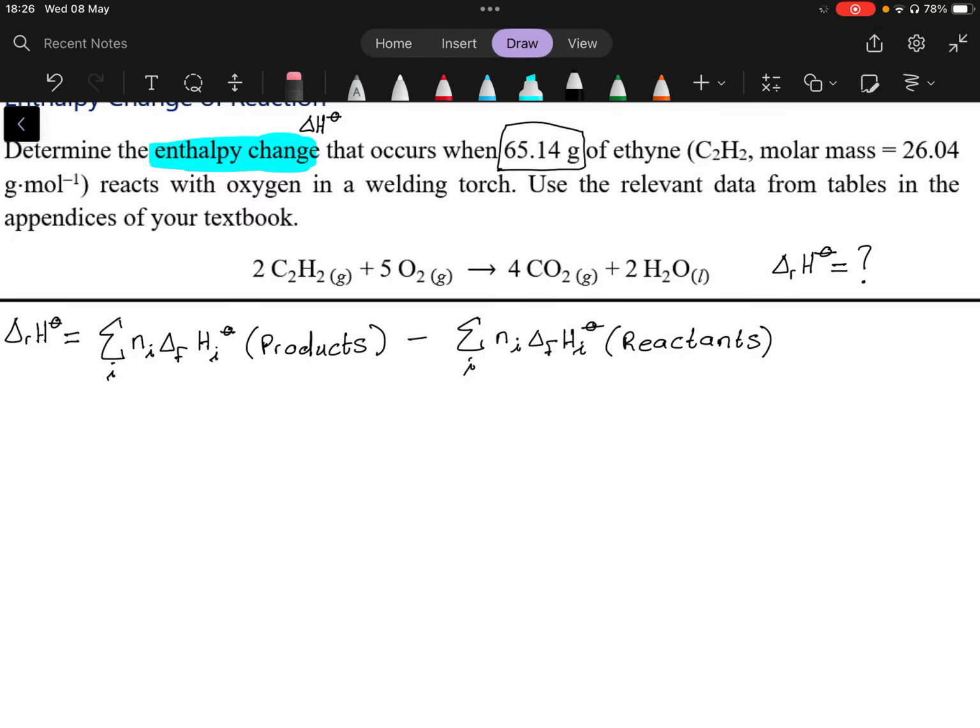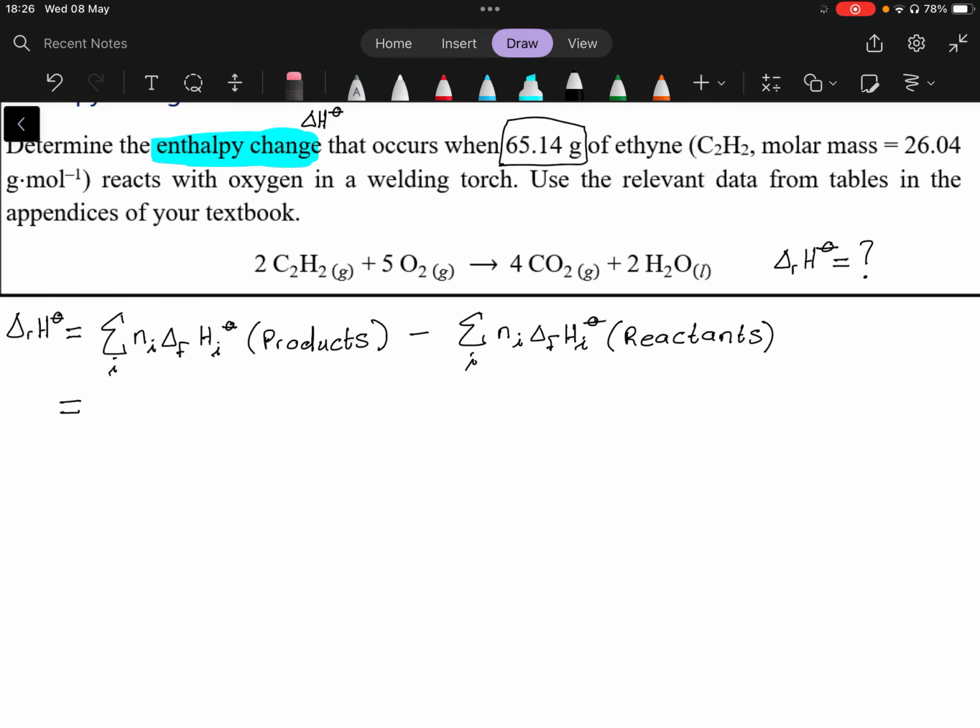Right, so let's just kick off, writing this for the reaction that we have. We first start with the products. So that means it's going to be 4. Now this is a bit of an interesting one because you technically need to write a stoichiometric coefficient with units. So what do we know about stoichiometric coefficients? What are their units?